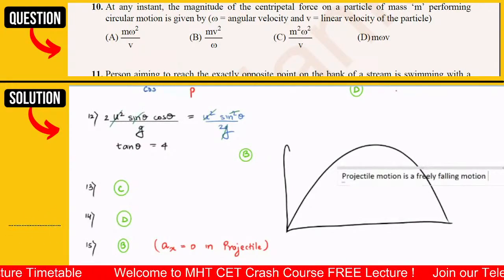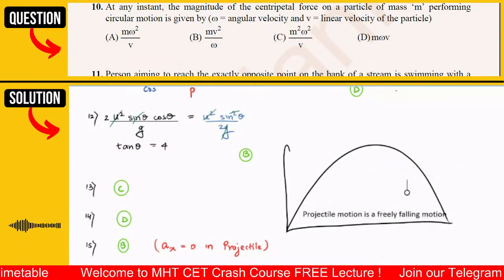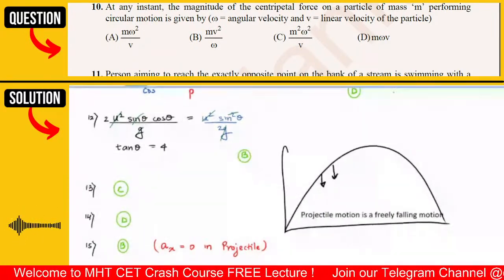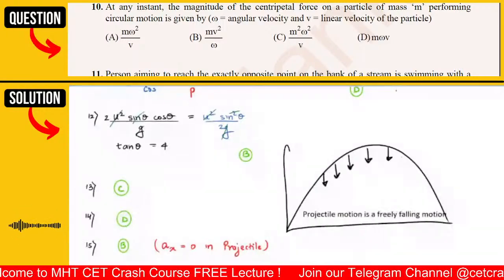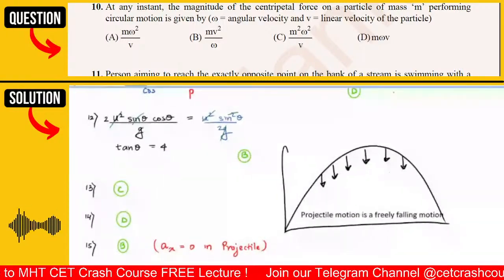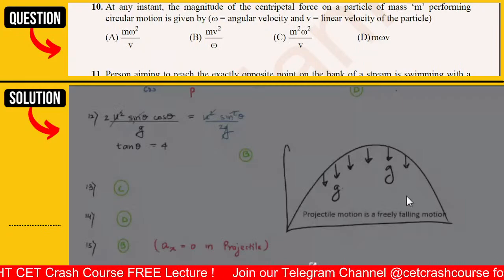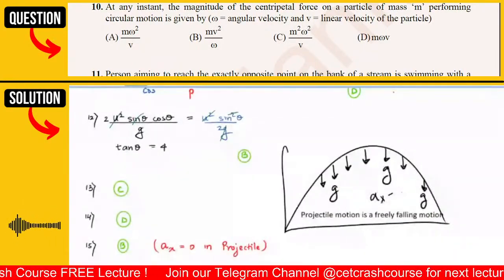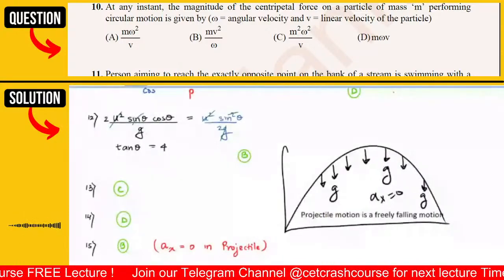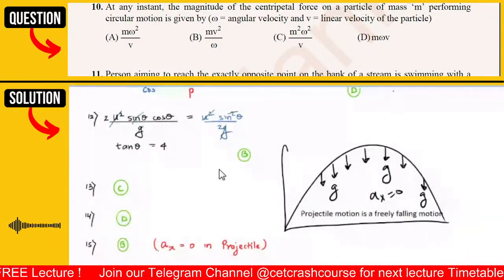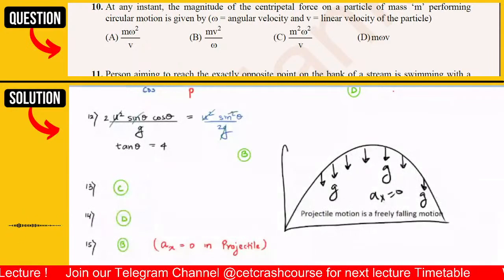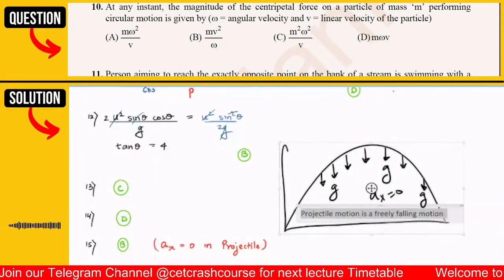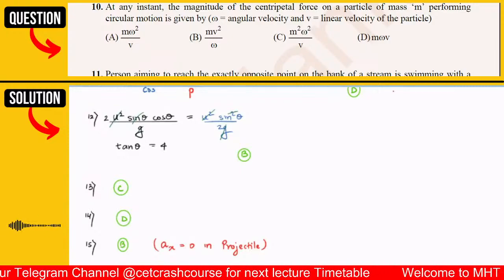What does it mean? It means that the acceleration experienced at every point on the trajectory is in downward direction g. And acceleration along x-axis is 0. Now students, if acceleration along x-axis is 0, then velocity is constant. And hence the answer for this 15th question is second option, B.